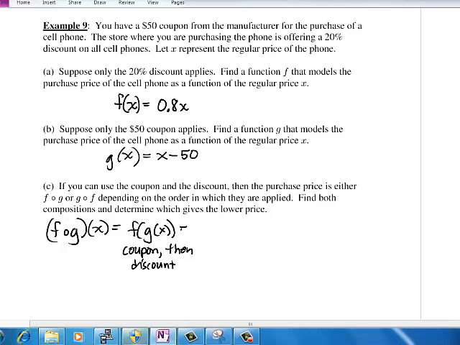That's going to look like f of x minus 50, which would be 0.8 times the quantity x minus 50, which would be 0.8x minus 40.